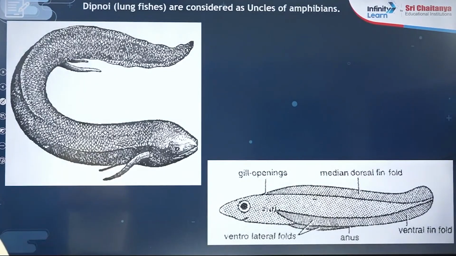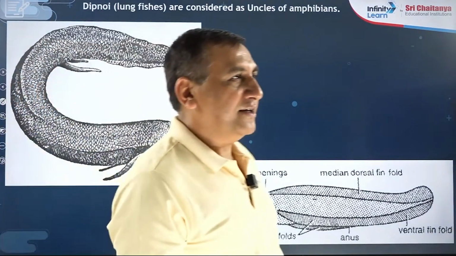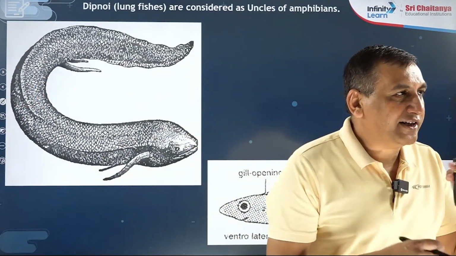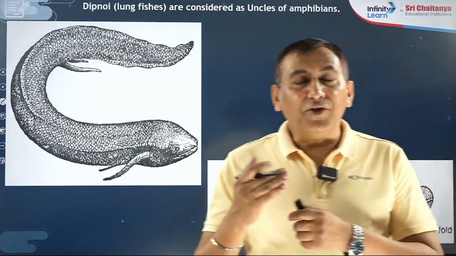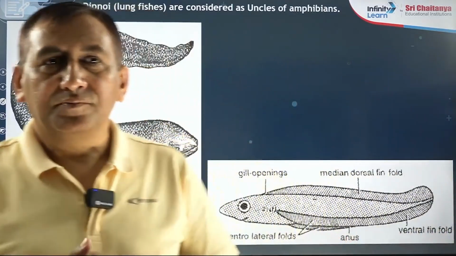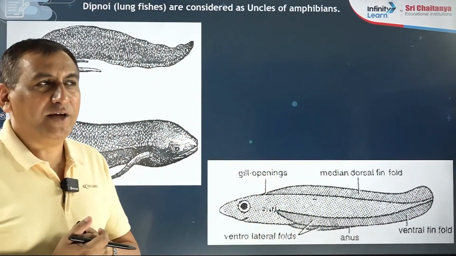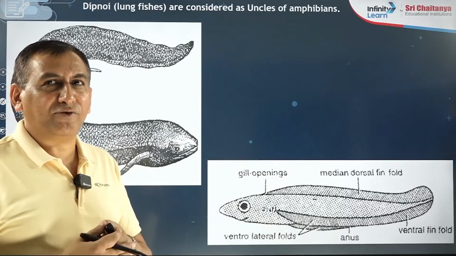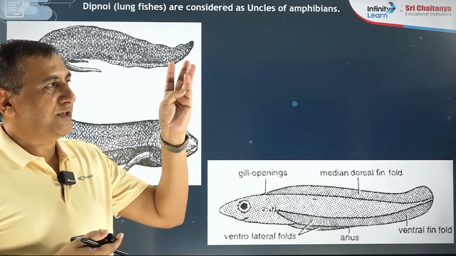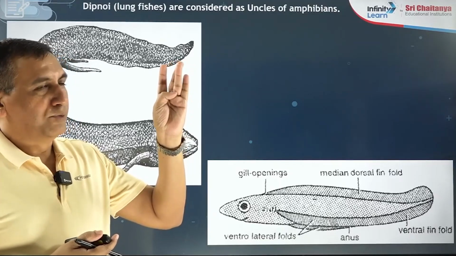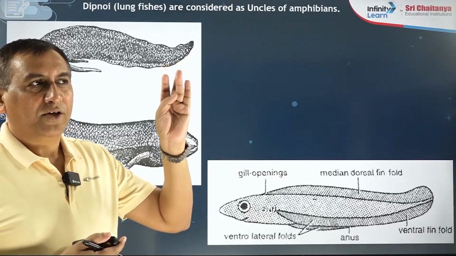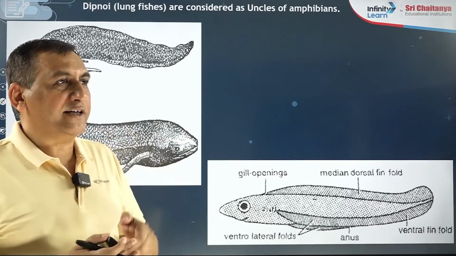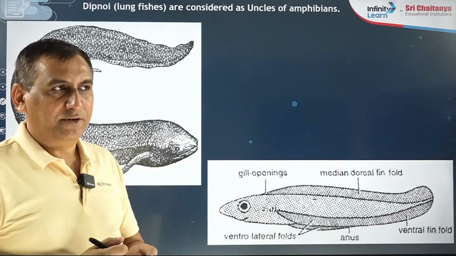Okay, now coming to this: anyone will say, amphibia originated from what? Pisces, amphibia, reptiles, birds, mammals. So amphibia originated from Pisces.